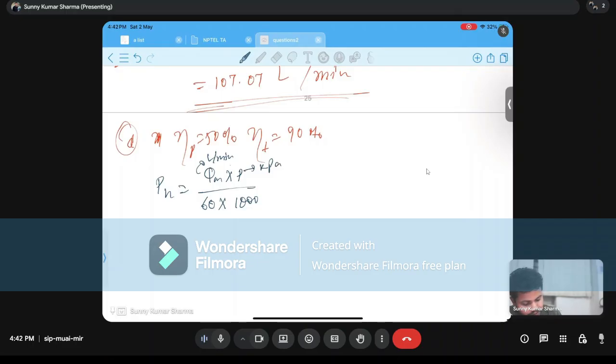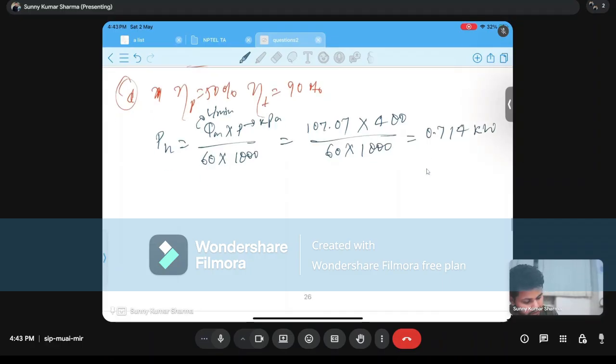So QM is 107.07 liter per minute and pressure is 400 kilopascal, divided by 60 into 1000, and we get the hydraulic power as 0.714 kilowatt.